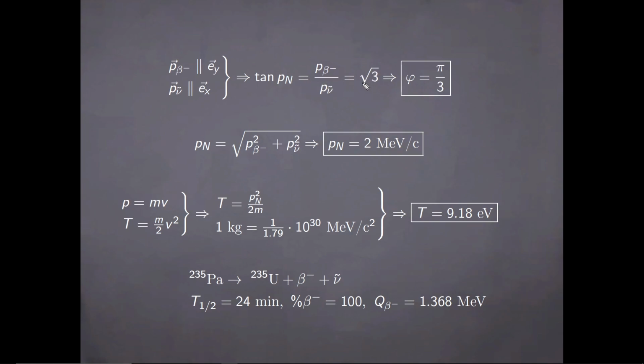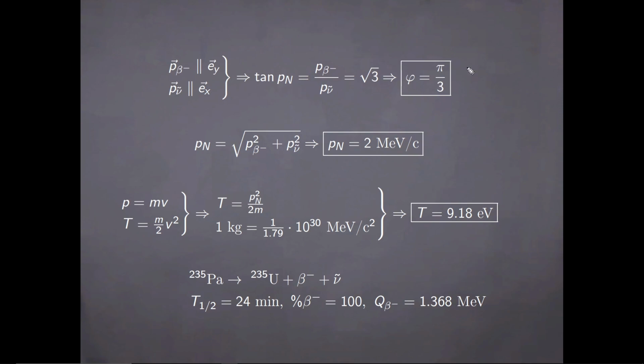And given the numerical values, this is just square root of 3. And as such, the angle phi is pi over 3, but the momentum itself is directed in the negative direction on both the x and the y axes.